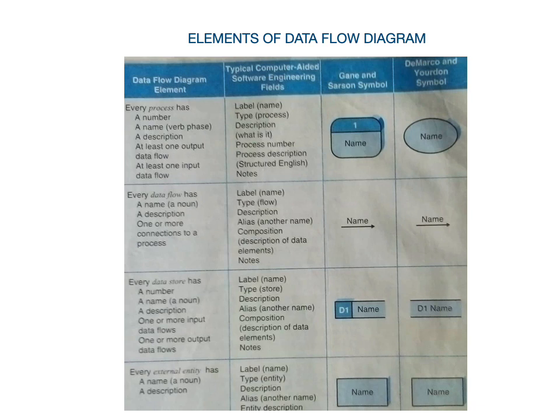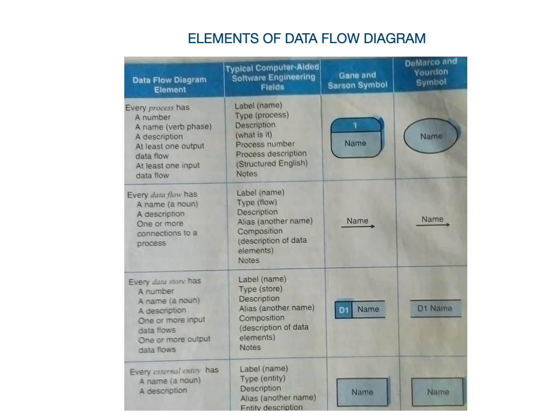If you look at some textbooks, a particular one is being used. In these two types of symbols, you can see how they use different symbols to represent each of these elements. But for the purpose of this presentation, we will focus on Gane and Sarson symbols. But if you see the DeMarco and Yourdon symbols in a textbook, still know that they are talking about the same thing.